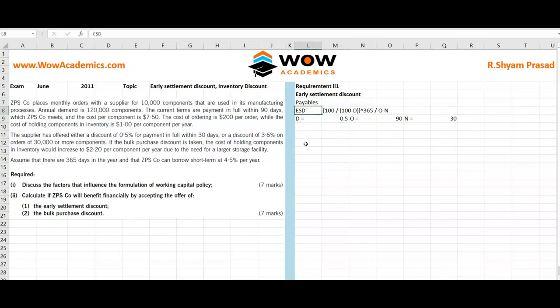First we'll find out the ESD so that it's quite easy for us to make a decision. The ESD formula is 100 divided by (100 minus this number, 0.5), close the bracket, and we'll get a number.